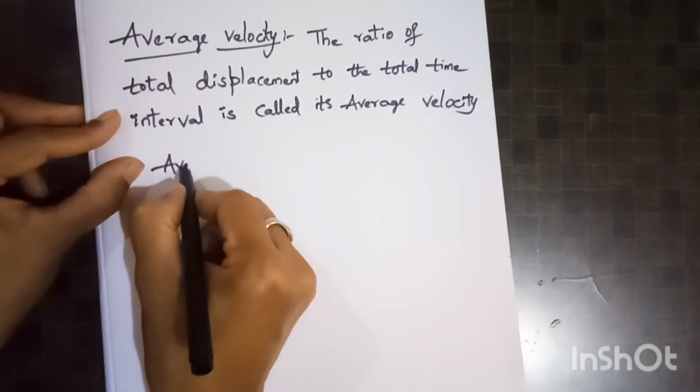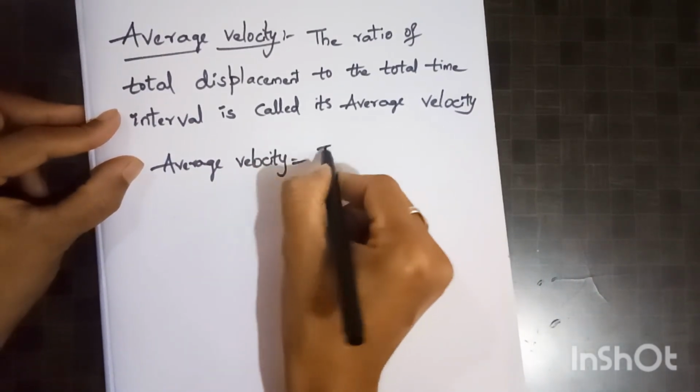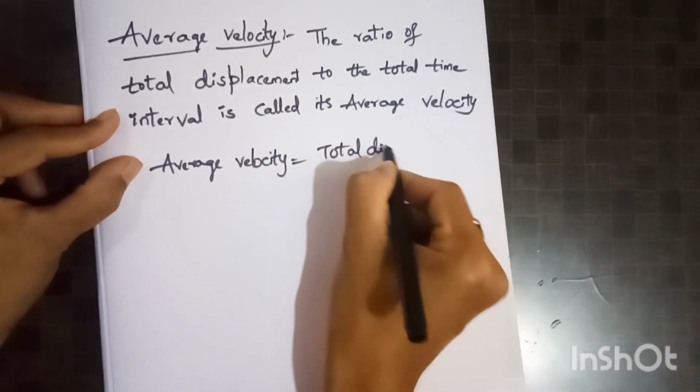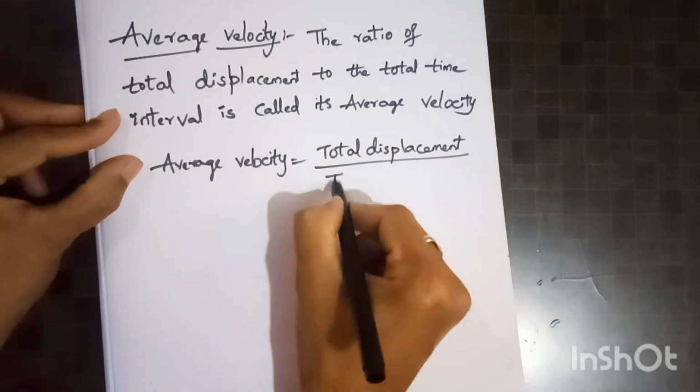So average velocity is equal to total displacement by total time.